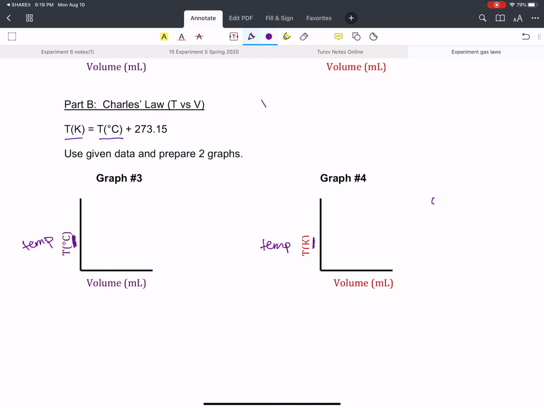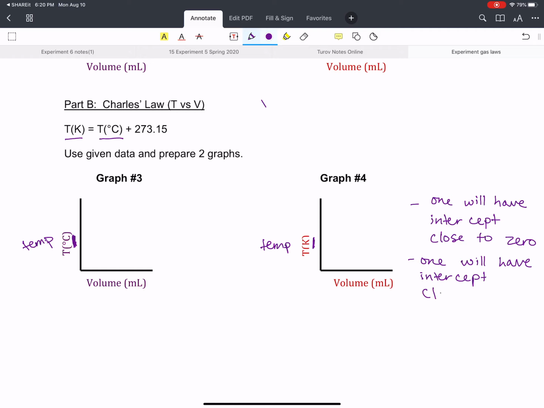One of these will have an intercept close to 0, and 1 will have an intercept close to 273.15.